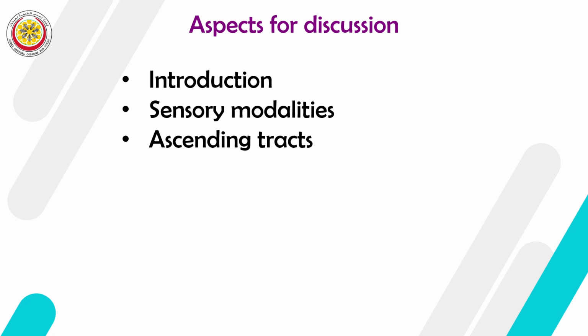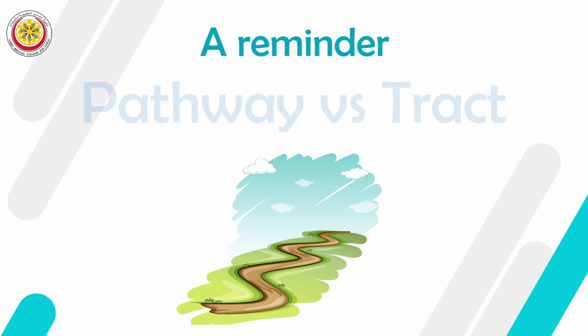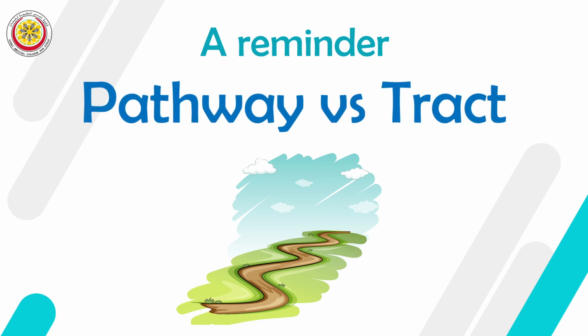Now, although the topic of my lecture I called ascending pathways and then ascending tracts, just a reminder, pathways versus tracts, you know, huh? This is why I start saying when you are talking about the spinal cord, you are talking about tracts.